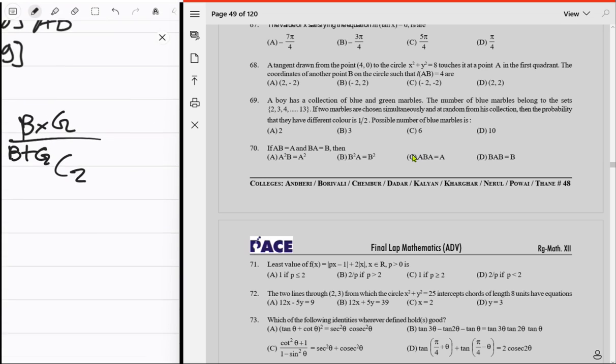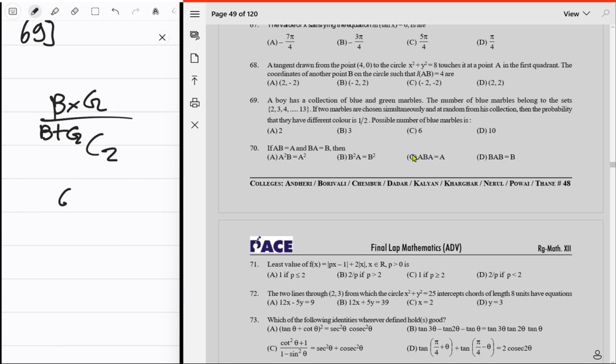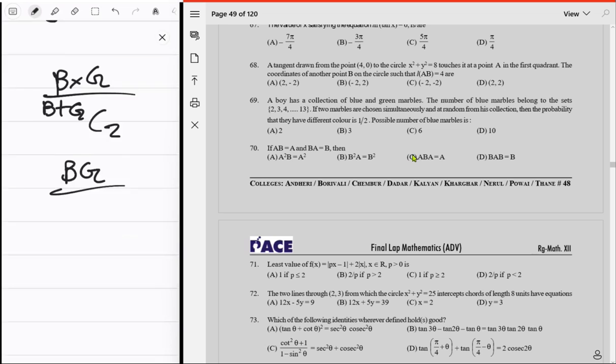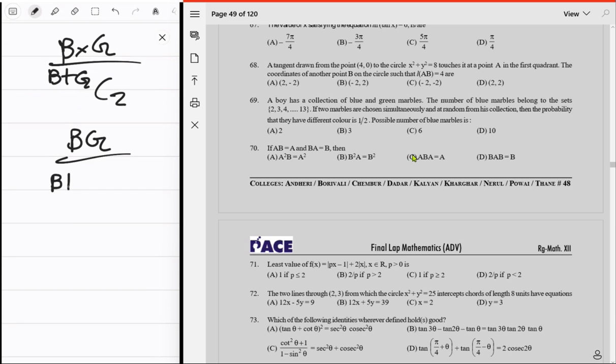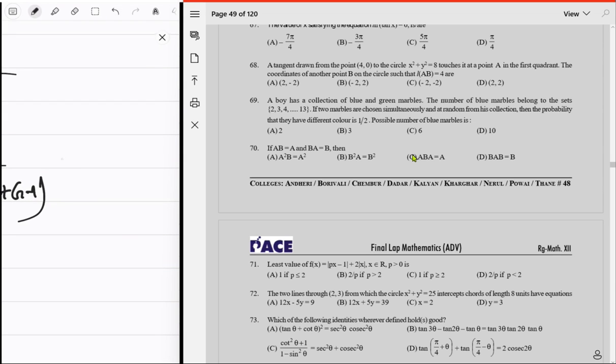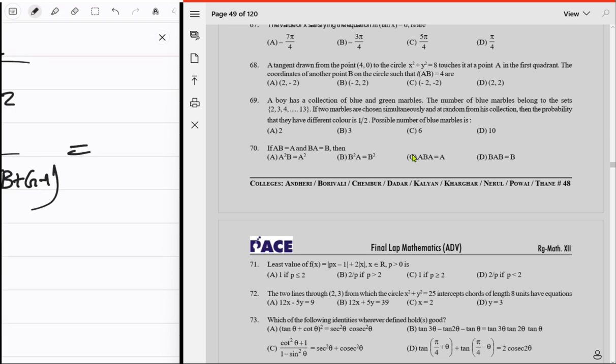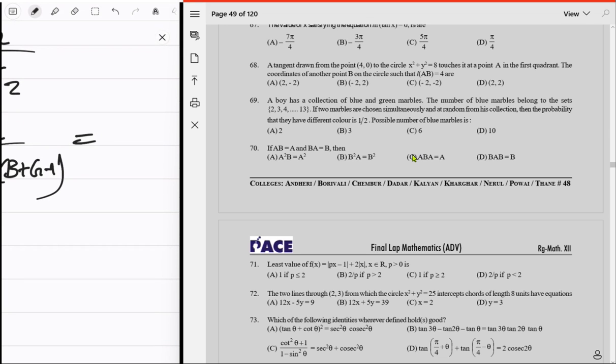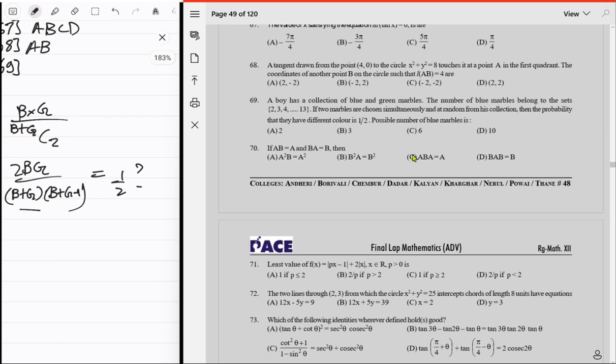So this is B times G upon (B plus G) times (B plus G minus 1) upon 2, and this is equal to 1 upon 2. Weird.